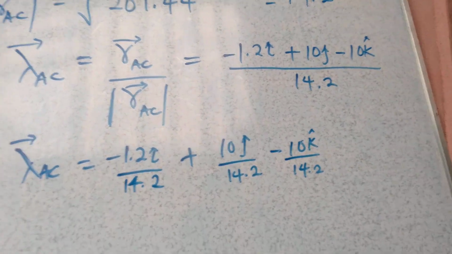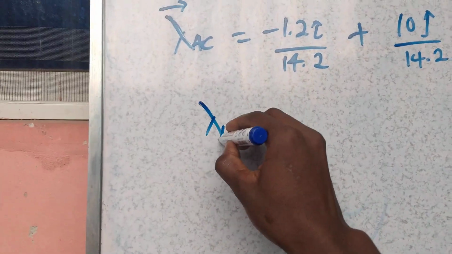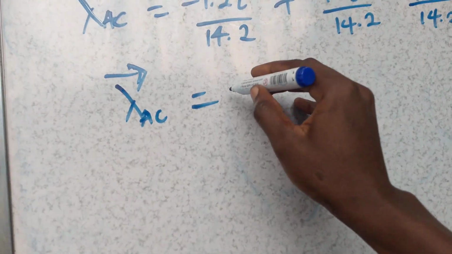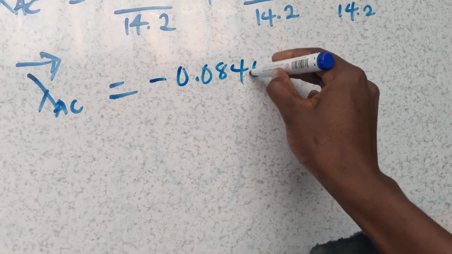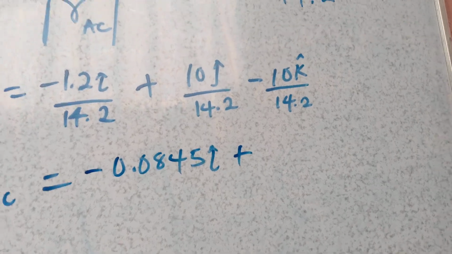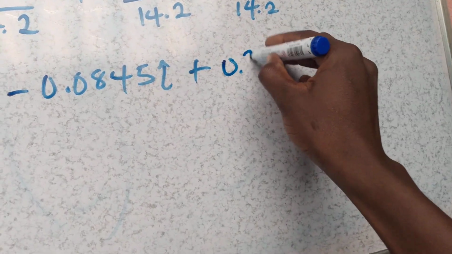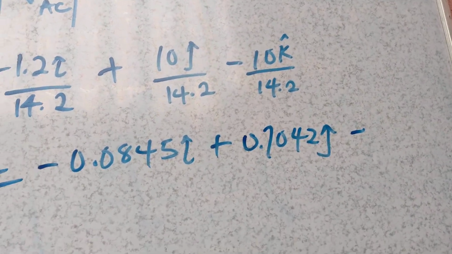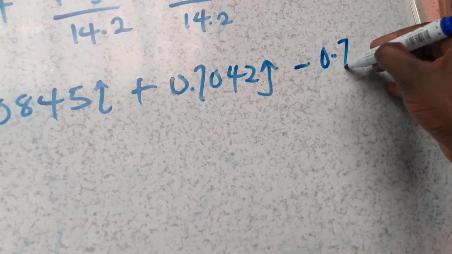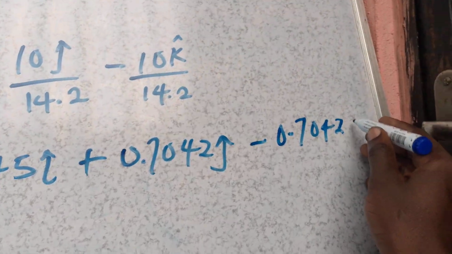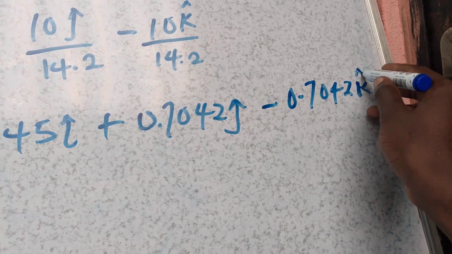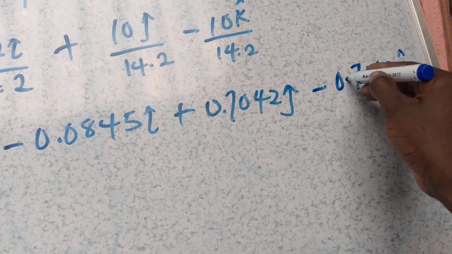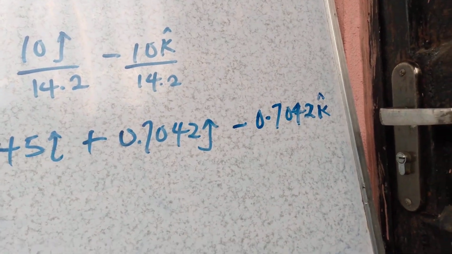Using a scientific calculator, this gives minus 0.0845i plus 0.7042g minus 0.7042k.